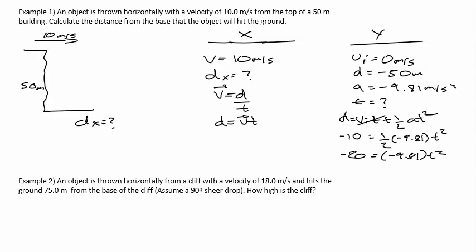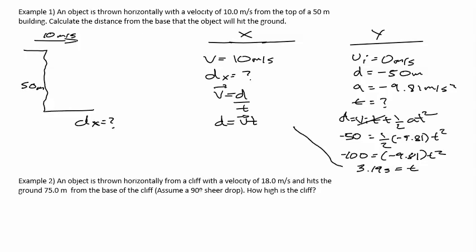Oh wait, I got 10 there. That's really 50. My mistake. 50 meters, so therefore 100 meters. Dividing that by 9.81 and then square rooting will get you a time of 3.19 seconds.